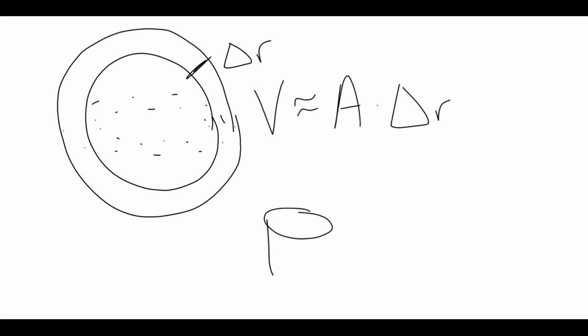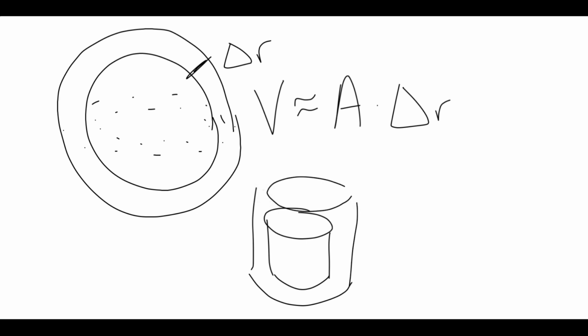So you take a cylinder, increase the radius a little bit, okay, now you have a hollow cylinder with thickness delta r. And so again, the volume is roughly the surface area times the thickness.